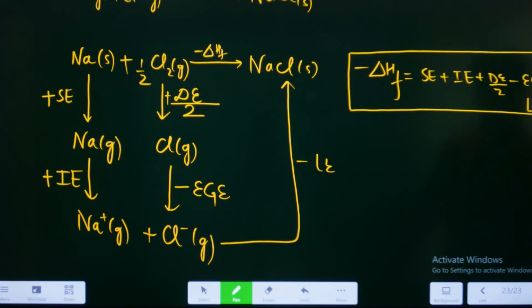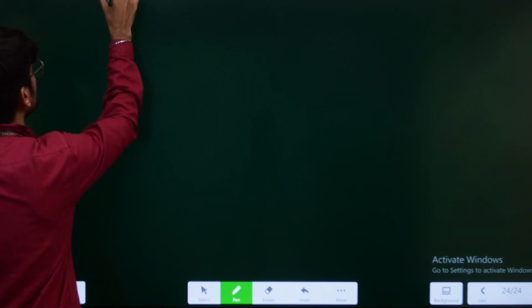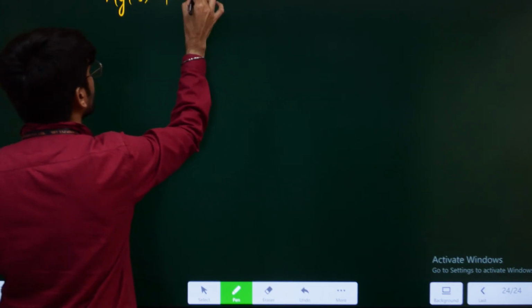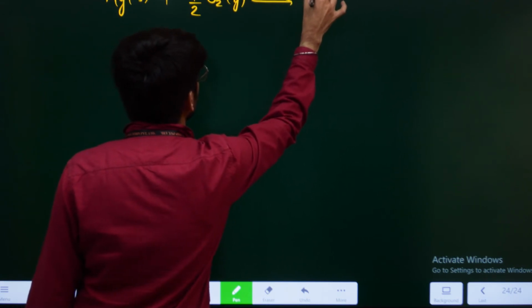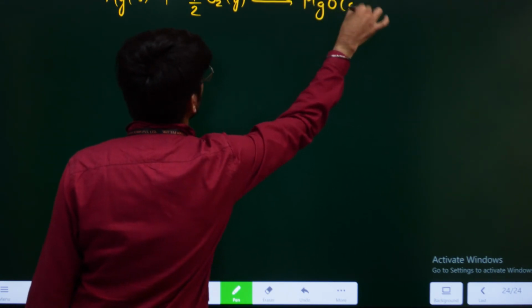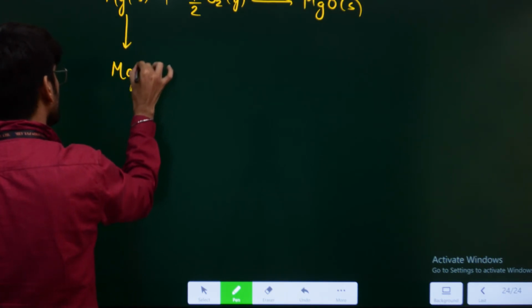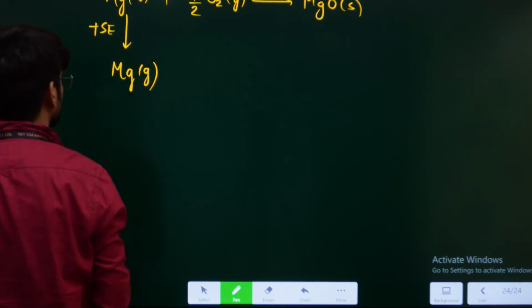You can do it. Second, suppose if I see the formation of MgO. So basically magnesium in the form of ribbon solid. Then again half O2 gaseous state, I get MgO powder, which is also solid. Now first of all I need to change it into Mg solid, Mg gaseous, which is sublimation energy. Yes or no?